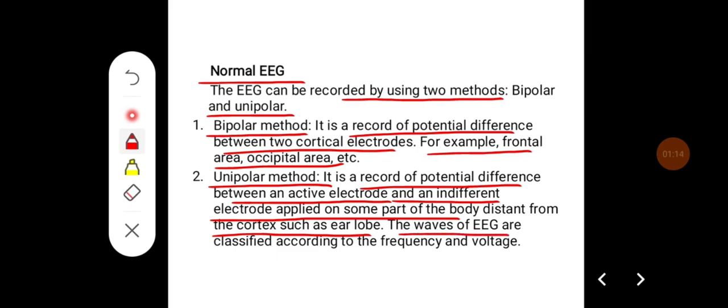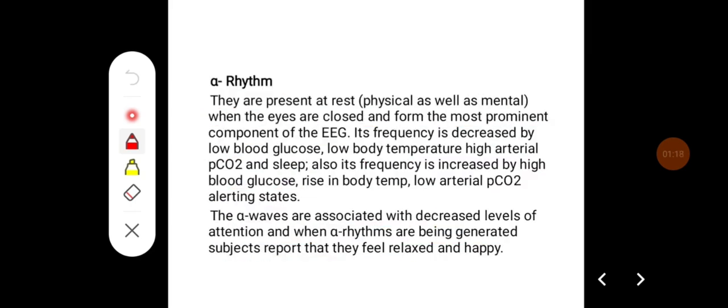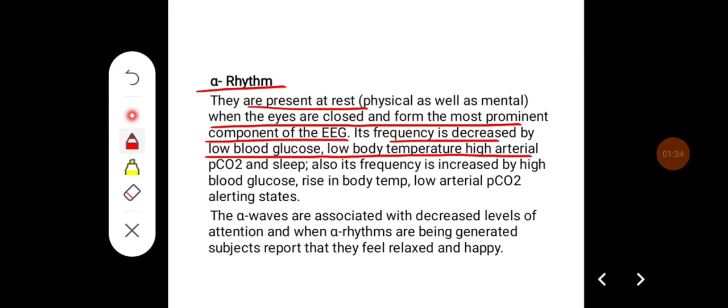The waves of EEG are classified according to frequency and voltage. Alpha rhythm. They are present at rest, that is physical as well as mental, when eyes are closed, and form the most prominent component of EEG. Its frequency is decreased by low blood glucose, low body temperature, high arterial PCO2 and sleep.